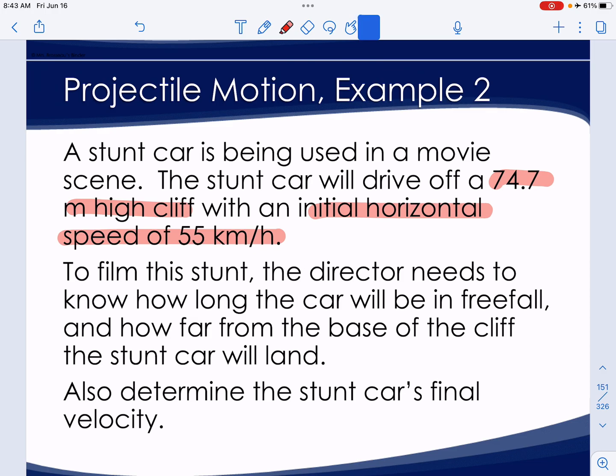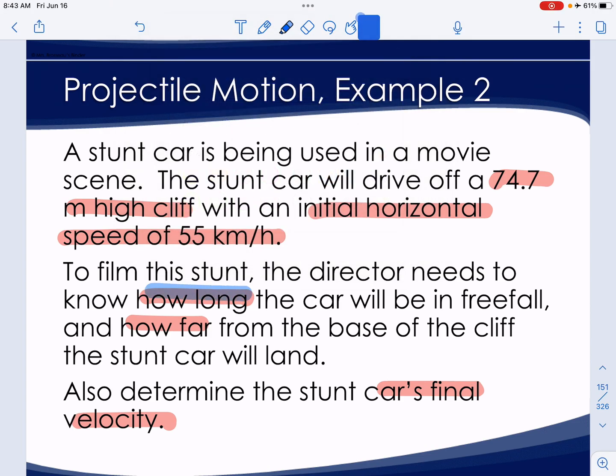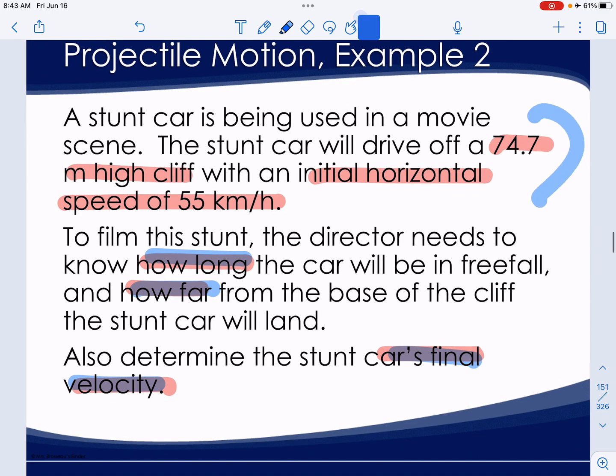Also determine the stunt car's final velocity. So what they need to know is how long, the time, and how far. These, which I'm going to highlight in a different color, are the unknowns that we're trying to solve for, and up here we have the knowns.